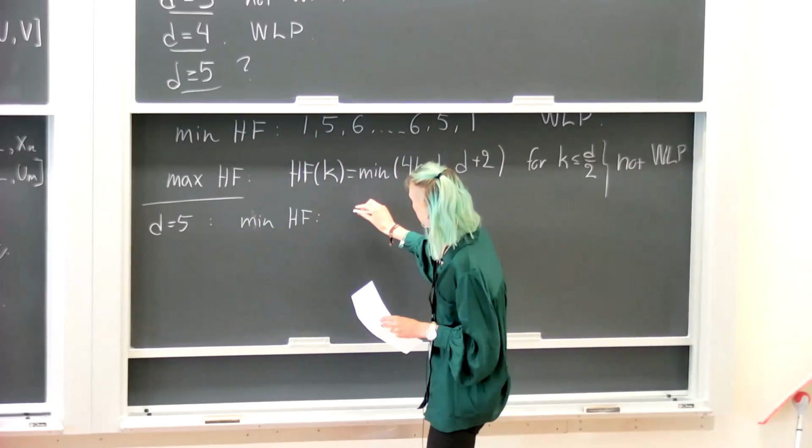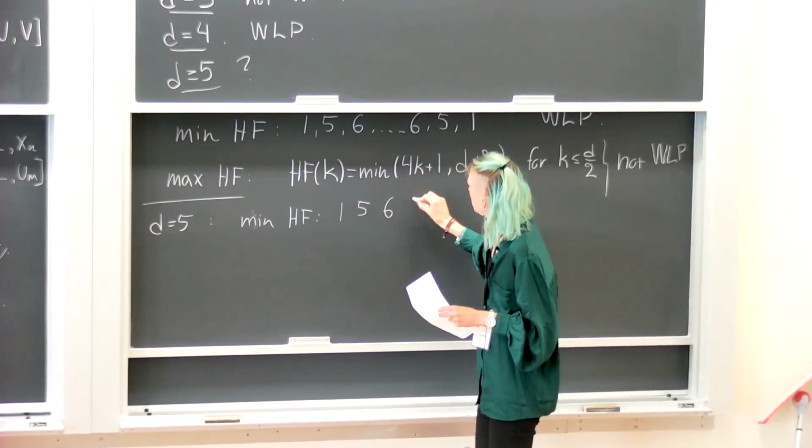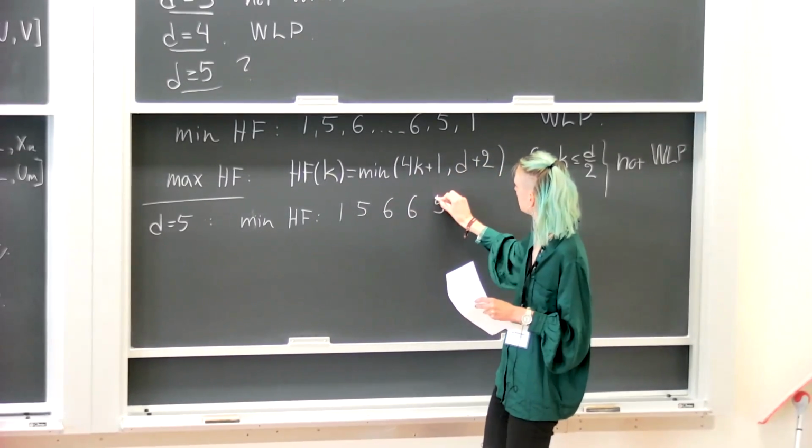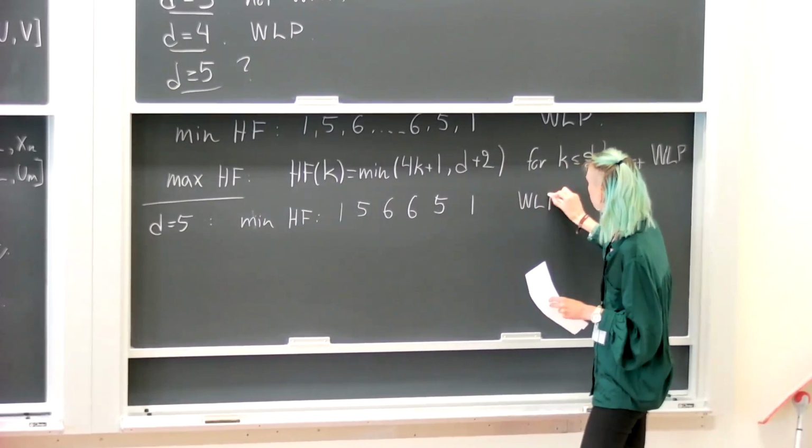Okay, so then the minimal Hilbert function is just 1, 5, 6, 6, 5, 1. And here we have WLP.